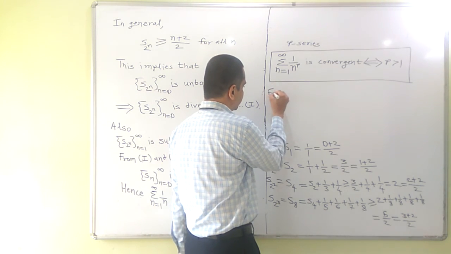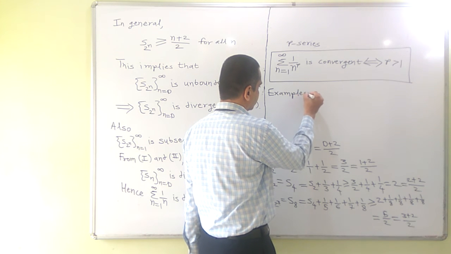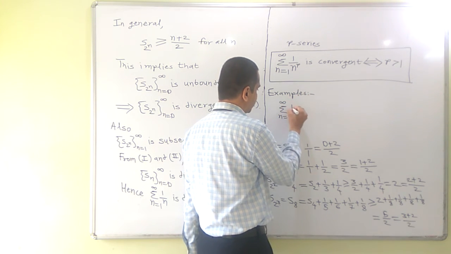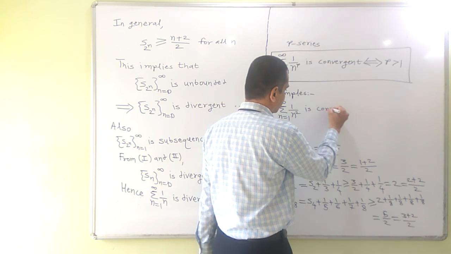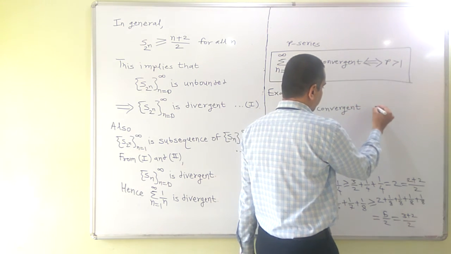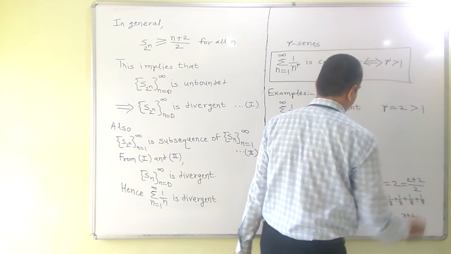So let us see some examples of this. We have the series n is equal to 1 to infinity, 1 upon n square, is convergent because it is a P series and the value of P is 2, which is greater than 1.